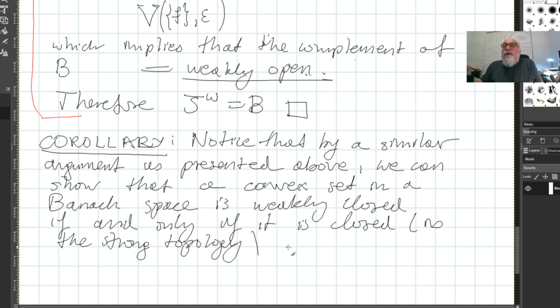Those are the same in the weak and the strong topology. They are the same.